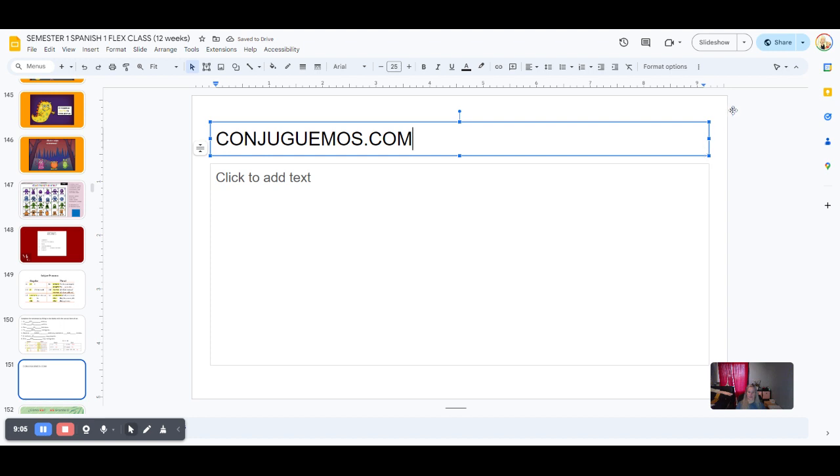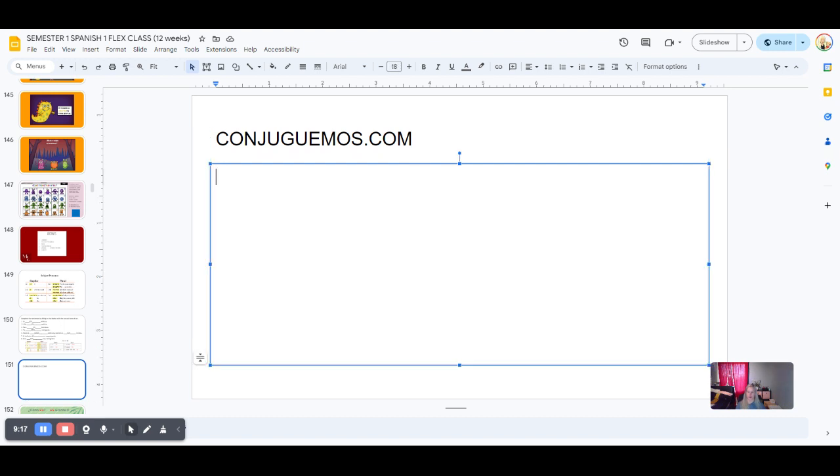Okay. When you go to conjuguemos.com, you can do verb drills. But when you do the verb drills, only choose the verb ser, because there's lots of verbs and we only know the verb ser. And so that would be my recommendation.